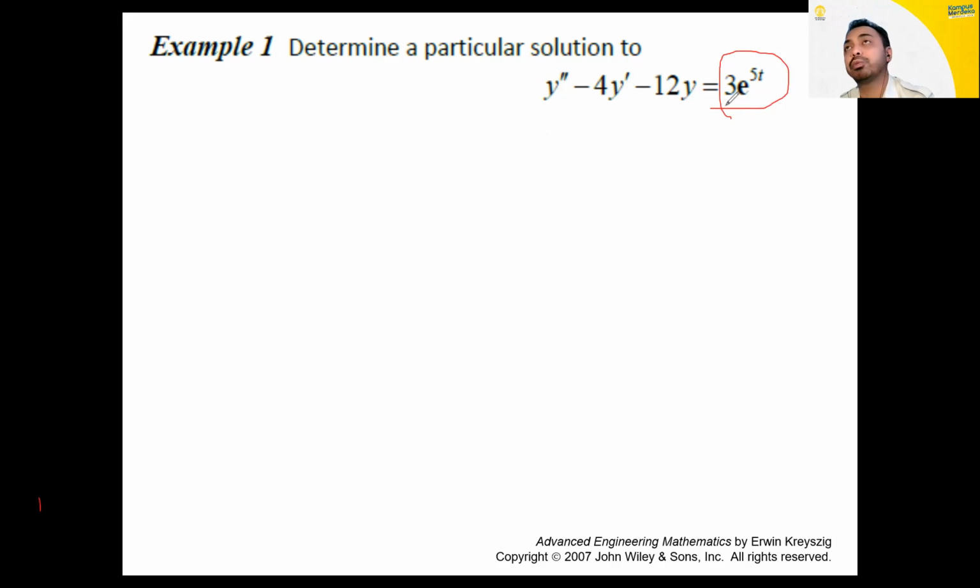If that's a spring and mass system, it represents the external force, or we also call it the excitation force. So you have a spring mass system and a damper, and then an external force acting on it. The force can be a constant, or it can also be a function itself. In our case, it's an exponential function.